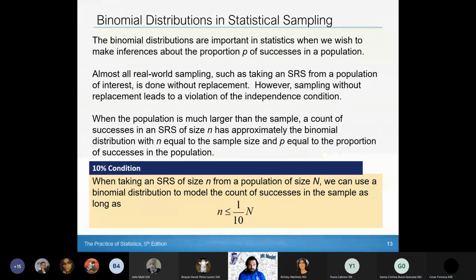If that's true, then we can use a binomial distribution to approximate chances of success, which is nice because that allows us to do something else with our data. So again, this is our 10% condition.